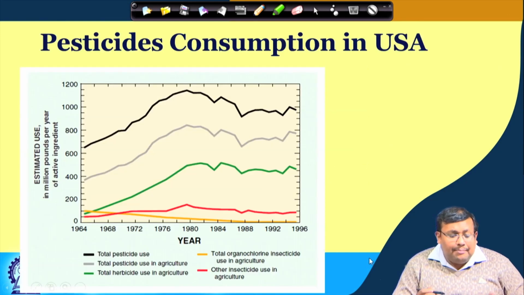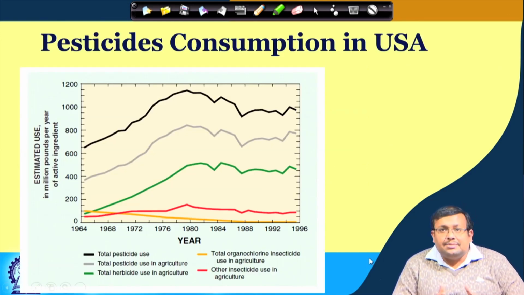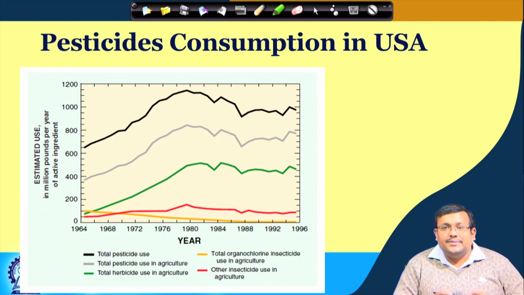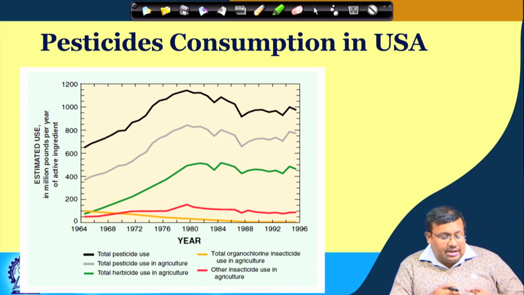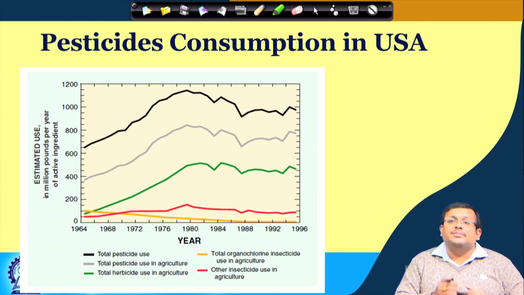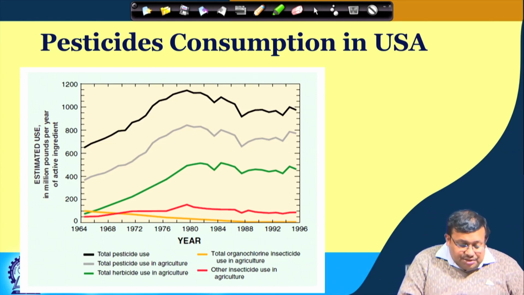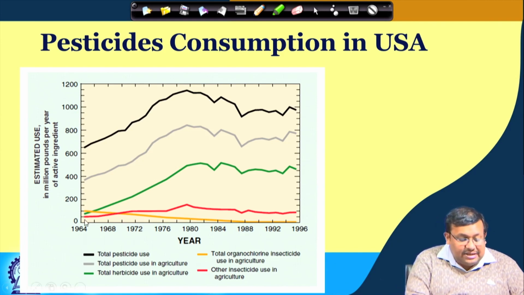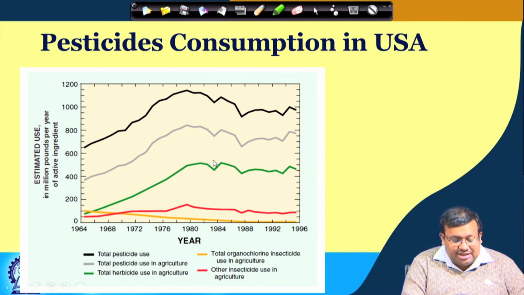If you see the pesticide consumption in the USA, this plot gives you some indication of how the use of different pesticides and herbicides changes over time. You can see from 1964 to 1996, there has been a continuous increase in application of herbicides in agriculture, as well as a continuous increase in total pesticide used in agriculture.